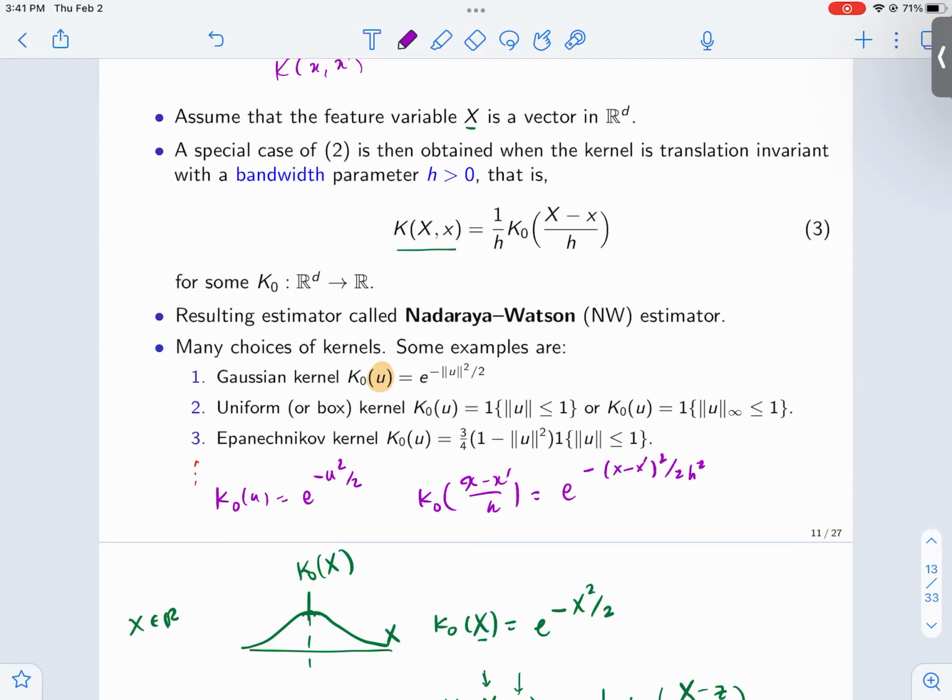So u is just a dummy variable that I'm using here; it just defines the function. The only thing that we need is that they have to be large near 0 and go down as you go away. Okay, any other questions?